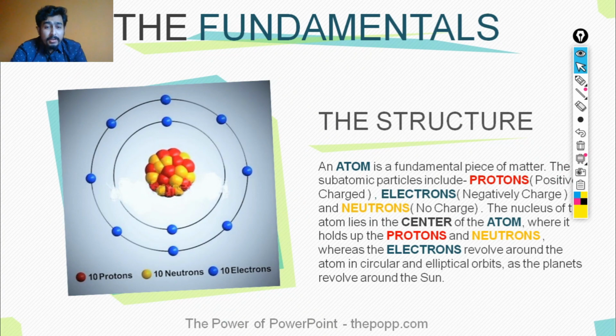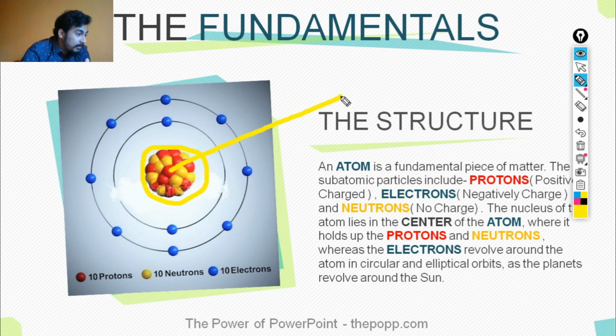Now the next very important thing is what an atom looks like. This is the question we all are curious about. So let's have a look at how an atom looks. As we can see, the atom looks somewhat like this. Whatever you are seeing over here is known as the nucleus, where the protons and neutrons are packed.